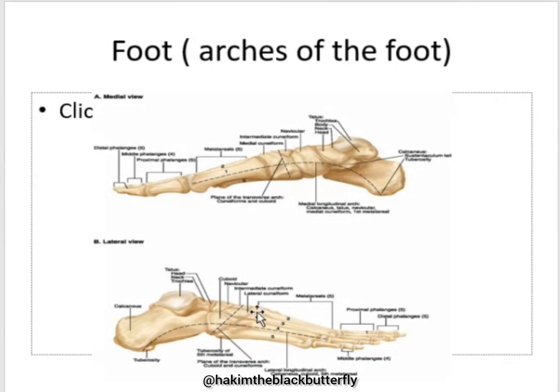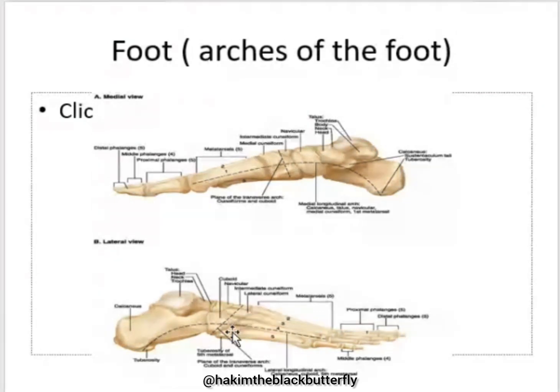These are the bases of the metatarsals forming the transverse arch. So the 3 arches of the foot are the medial longitudinal arch, the lateral longitudinal arch, and the transverse arch. The transverse arch is made up of the cuboid, the 3 cuneiform bones, and the bases of the metatarsal bones.